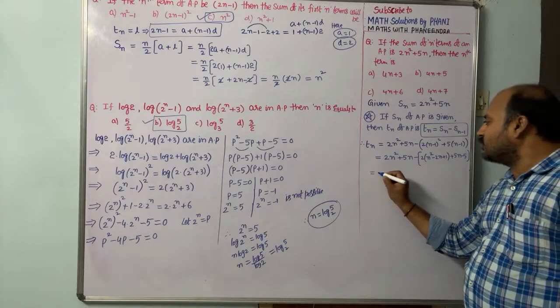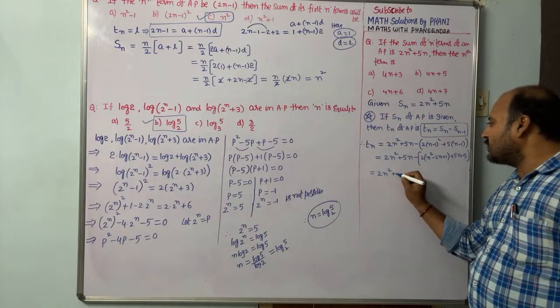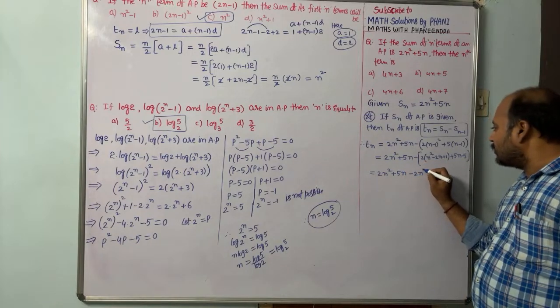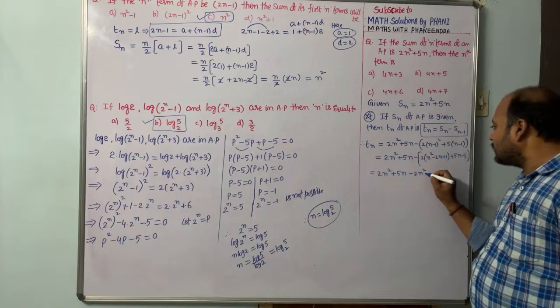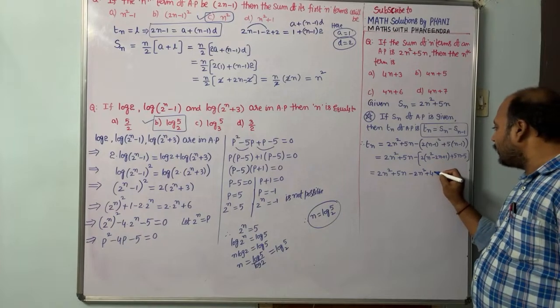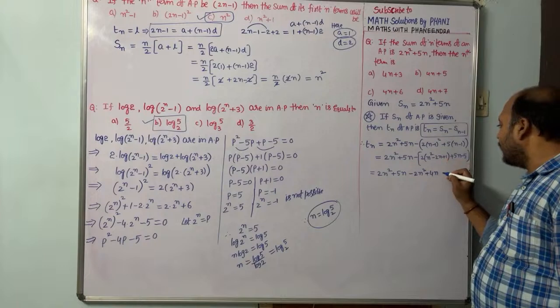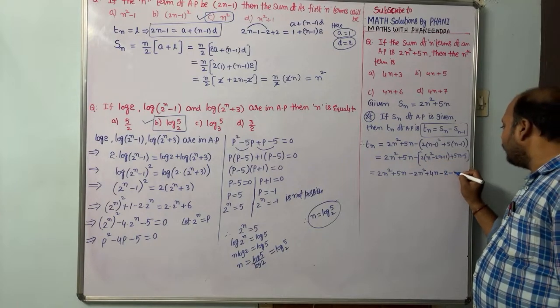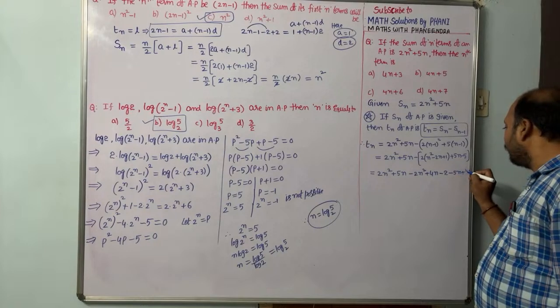So which is equal to 2n square plus 5n minus 2n square, minus into minus plus 2 into 2n is 4n, minus into plus is minus 2 into 1 is 2, minus 5n plus 5.